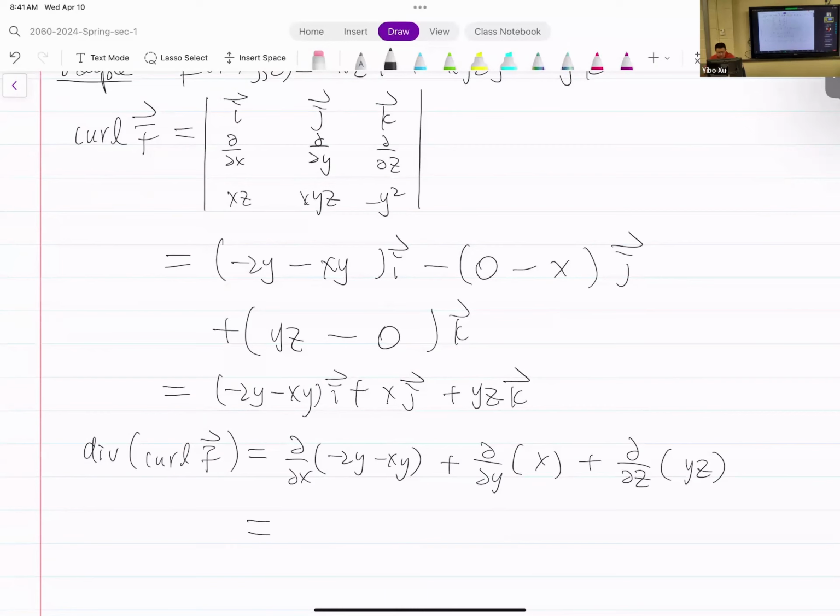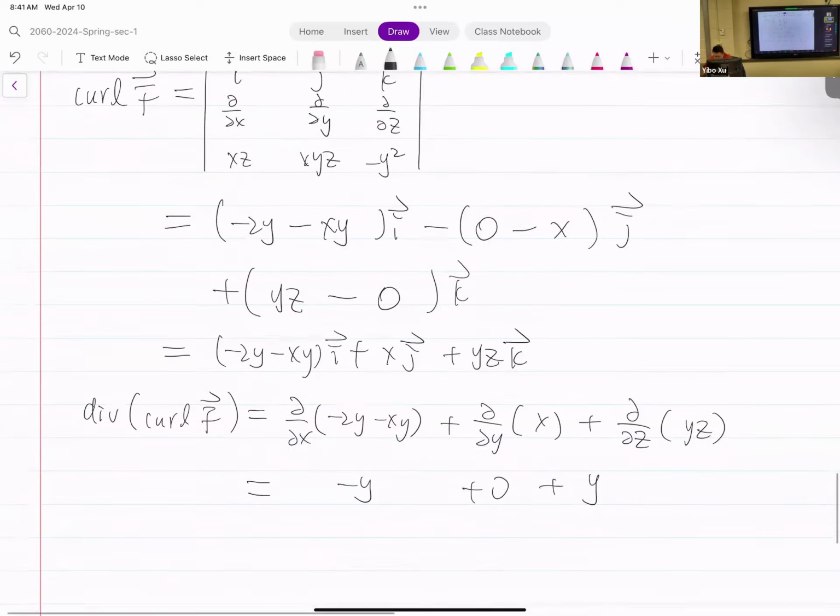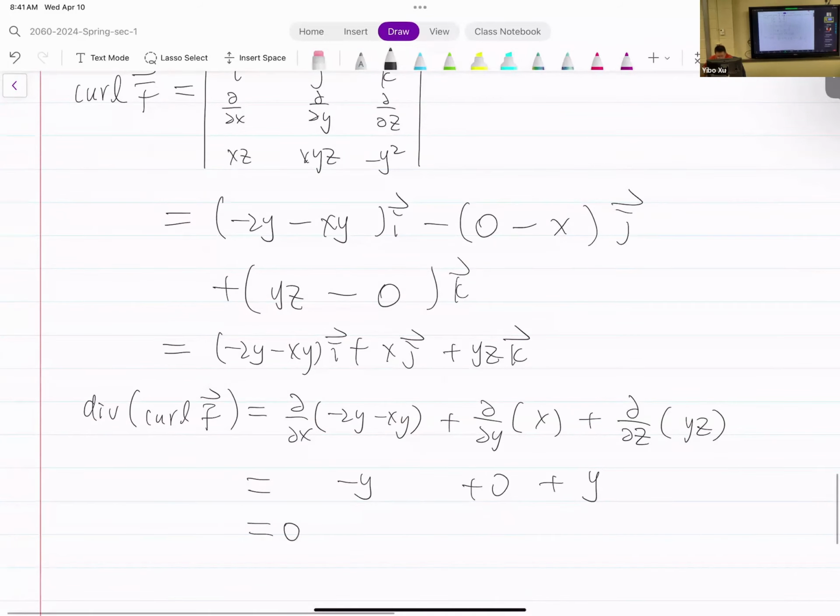And if you calculate, it should be a negative y from the first partial expression, then plus 0, and then plus y from the last. Okay, so that gives you a 0.